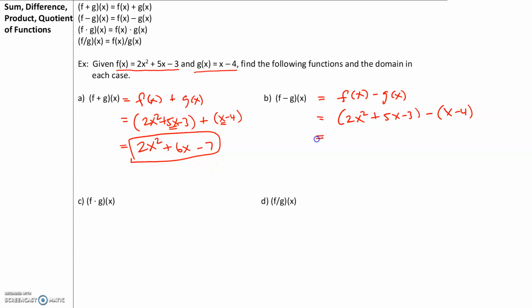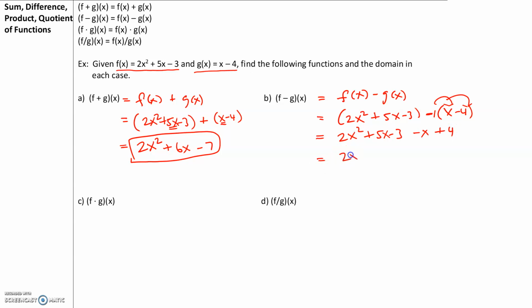If you're subtracting, there's one extra step. You remove the first parentheses, and just write the expression with the second parentheses that has a negative in front, which is kind of like an invisible 1. So the negative is going to distribute to both of these terms. Negative 1 times x is negative x. Negative 1 times negative 4 is positive 4.